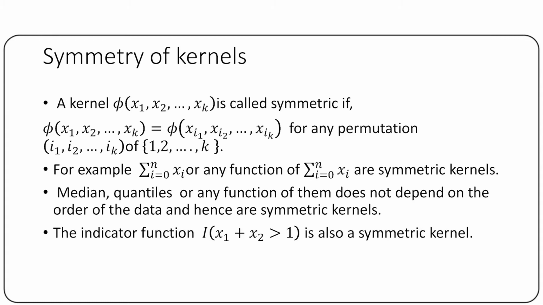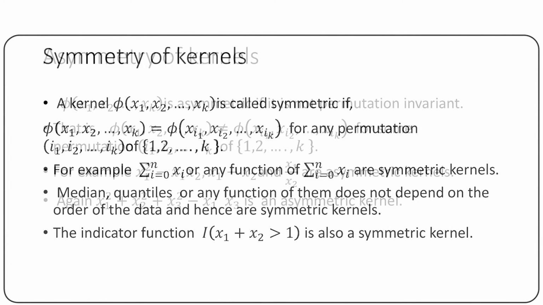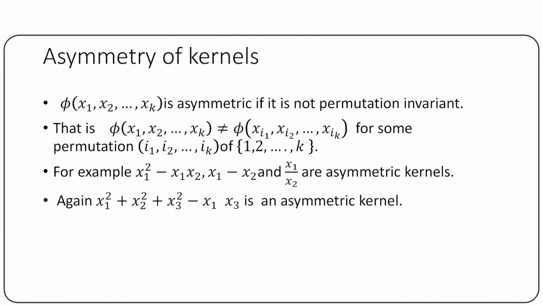As another example, we can think of quantiles. Quantiles are also independent of the order of the data, therefore are symmetric. Then, what is an asymmetric kernel? Quite naturally, if a kernel phi is sensitive to permutation of the arguments, it is asymmetric. For example, consider x1 square minus x1 x2.